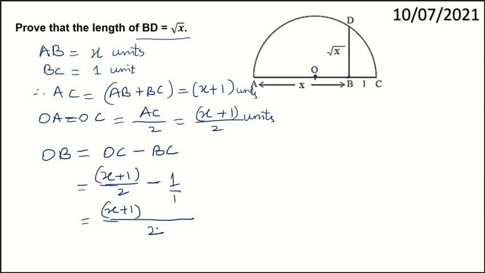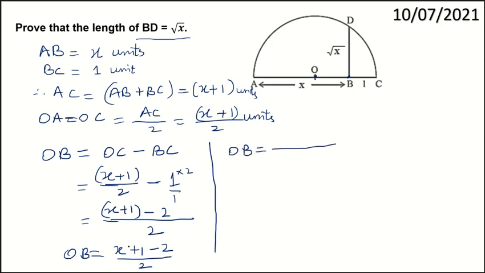This 1, multiplied by 2, gives 2, so the numerator is x plus 1 minus 2, over 2, which is the length of OB. Let me continue here. OB is (x plus 1 minus 2) by 2. Plus 1 minus 2 becomes minus 1. So (x minus 1) by 2 is the length of OB.